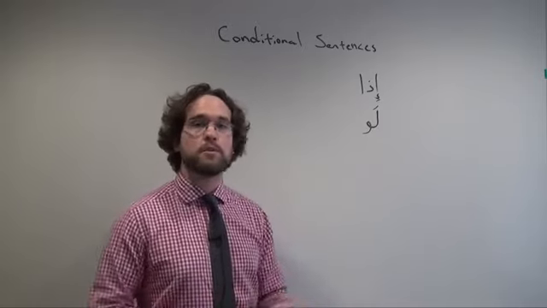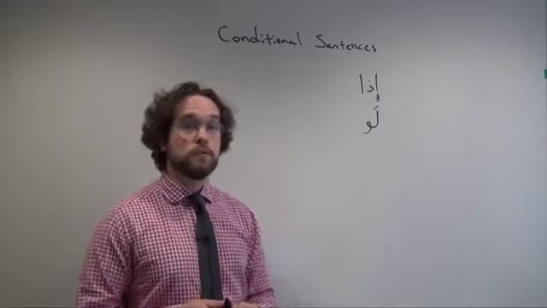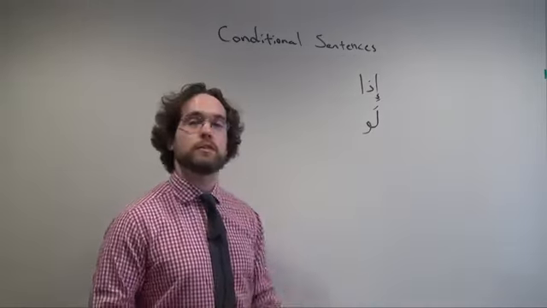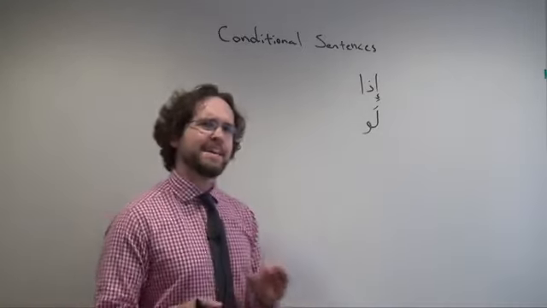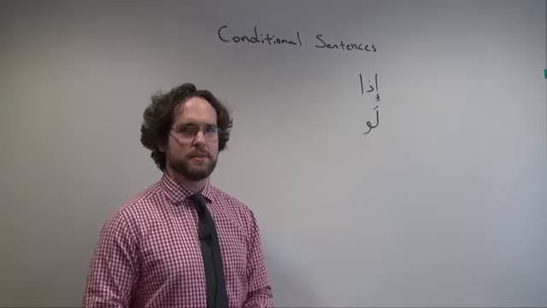Conditions that are impossible or that just aren't going to be fulfilled. Love is a good conditional for love songs, right? If you were my sweetheart, if I had only known, that kind of impossibility.